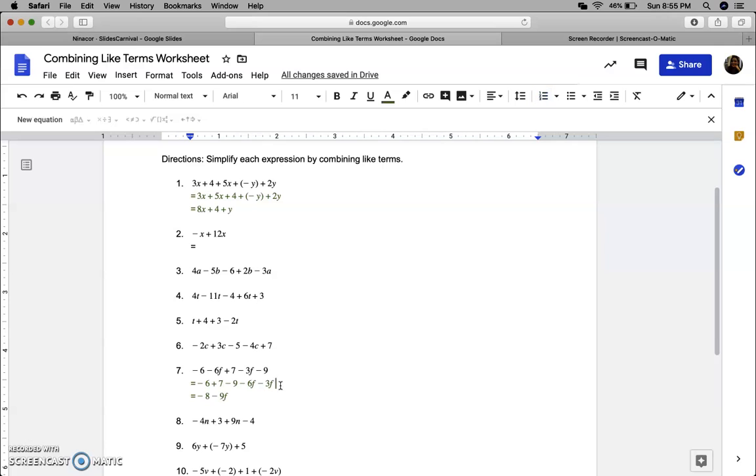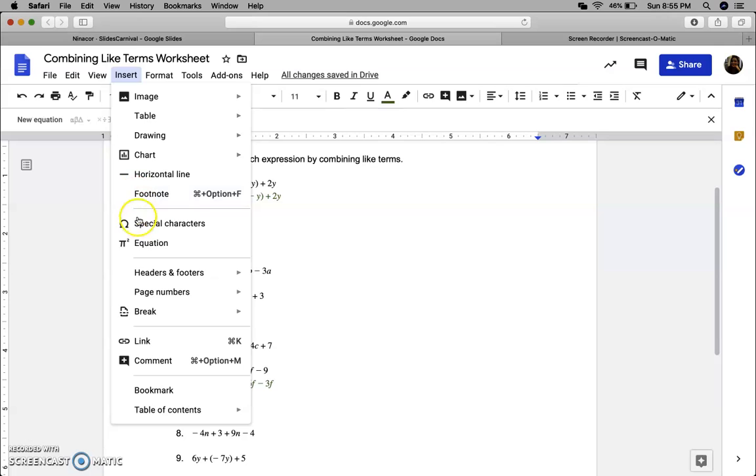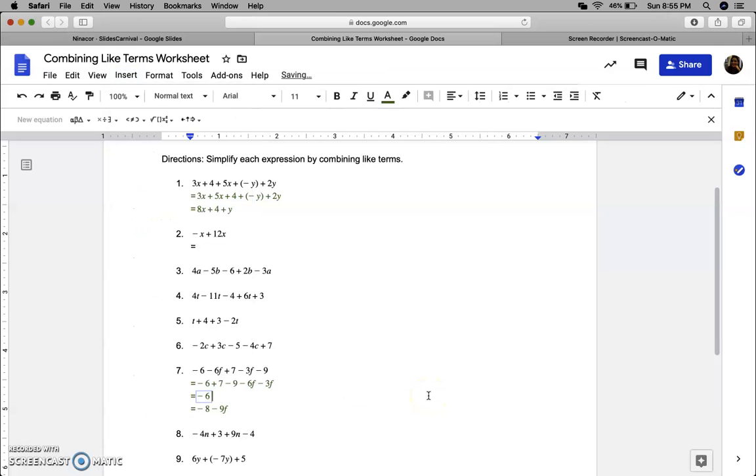So the thing is that if I write this expression like this, -6 plus 7 minus 9 plus parentheses -6f minus 3f, that's going to be the same as this -6f and plus -6f, that's the same. As subtracting a number is the same as adding its negative.